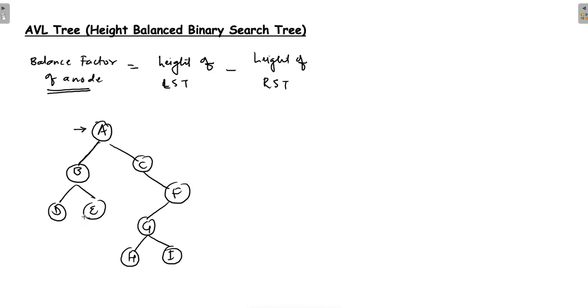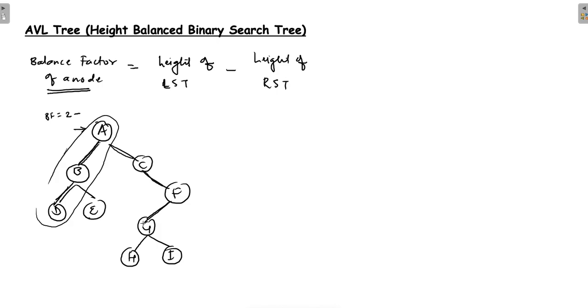So which is having the longest path? D and E are at the same level, so you can consider any path. How many edges do you need? 2. So the height of the left subtree is 2. So for this A, the balance factor is equal to 2 minus the height of right subtree. So what is the height of right subtree?